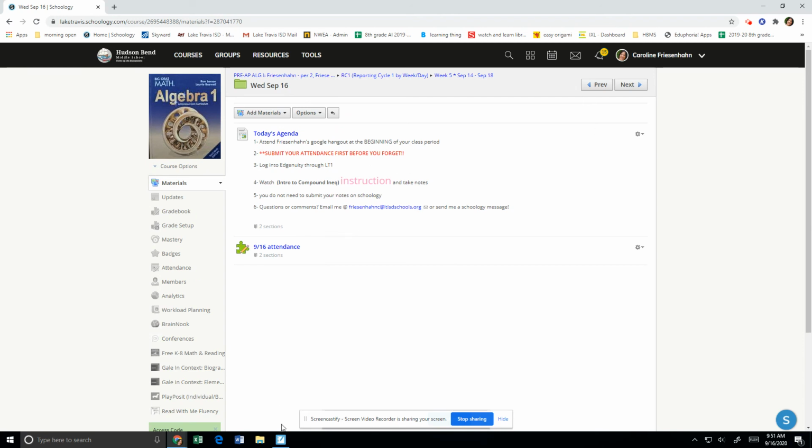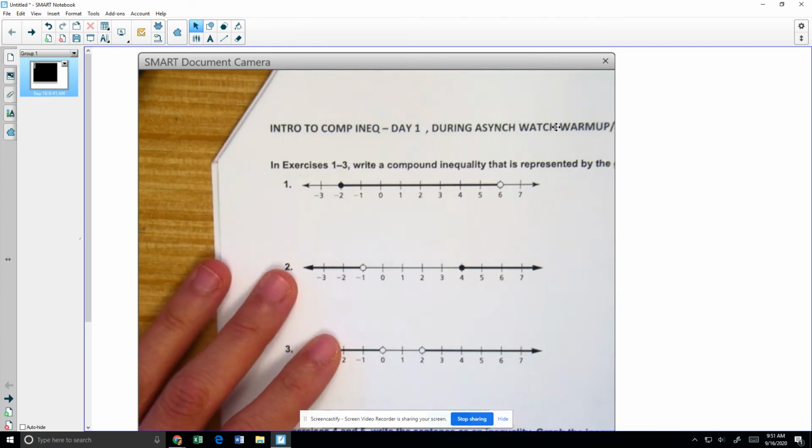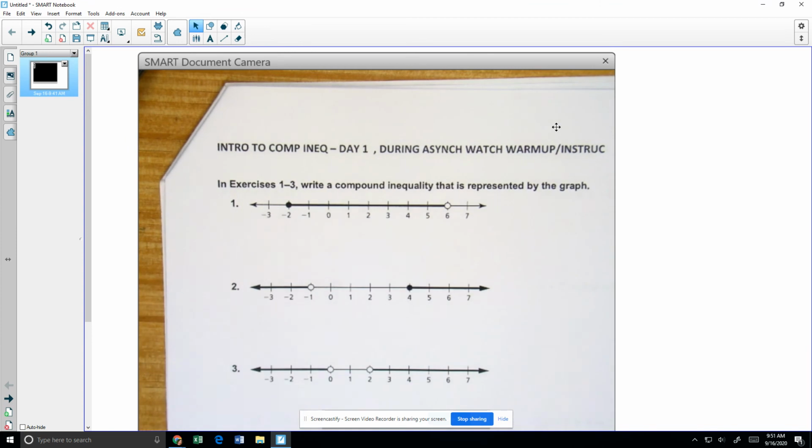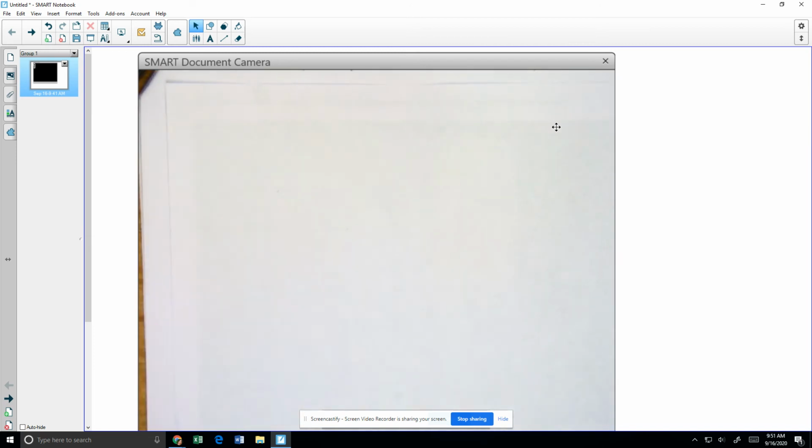All right, let me go ahead and explain what we are doing today, okay? So today we're going to be talking about something called compound inequalities. So let's talk about that first, okay? Imagine if you were in elementary school. Remember when you were in first grade and you had to write sentences and you're like, the hat is red, the hat is big.